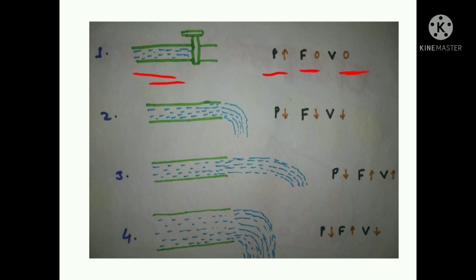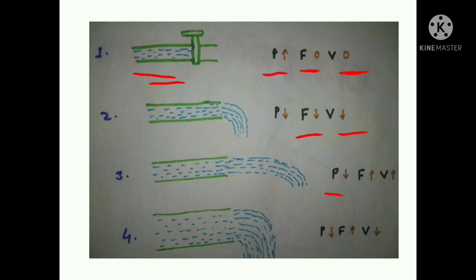In the second condition you can see pressure is minimum and flow and velocity are also low. You can see pressure is low and flow is low and velocity is also low. In the third condition you can see pressure is low but flow is high and velocity is high.